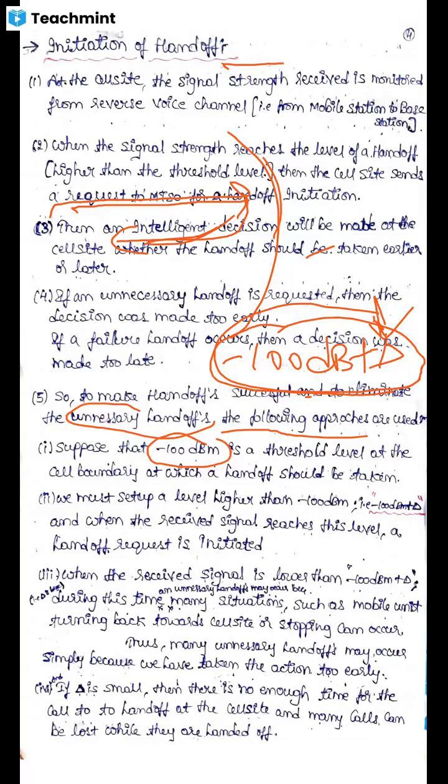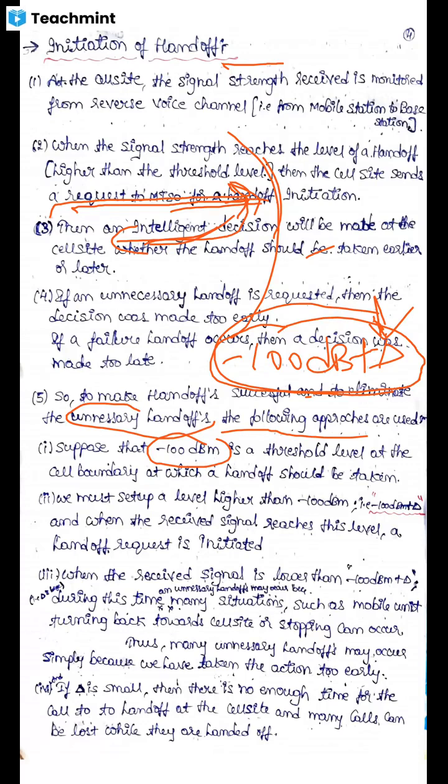But when the mobile unit is reaching the boundary condition, the MTSO sends a message to the cell site to initiate the handoff. So what will the cell site do? The cell site thinks that the mobile unit has reached the threshold level, and it applies the handoff.